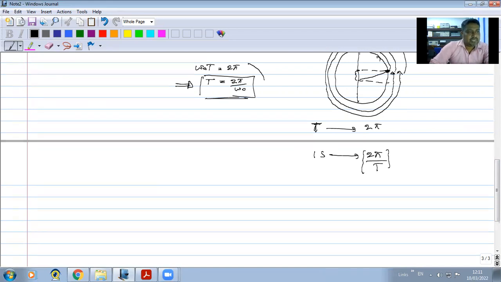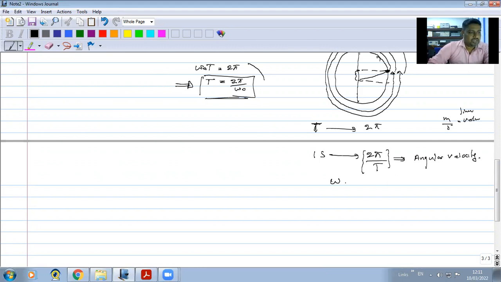You know that meter per 1 second is the velocity. So this is a linear velocity, meter per second. And this is angle per second, so it is an angular velocity. This angular velocity is actually the omega, no?